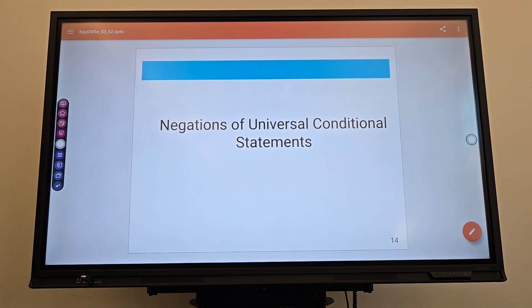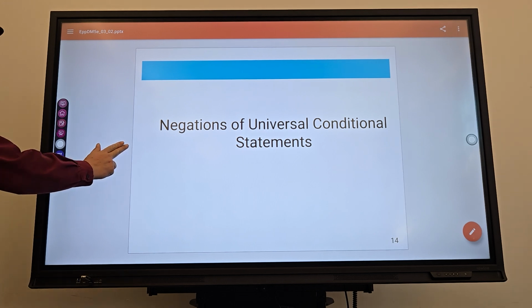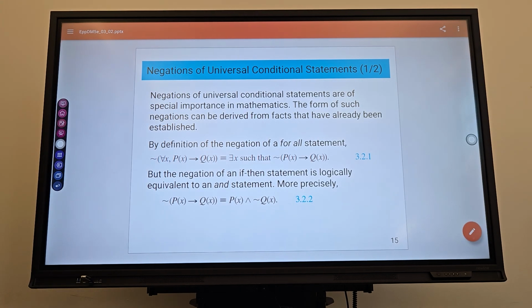Negations of universal conditional statements. It basically does the same type of thing.